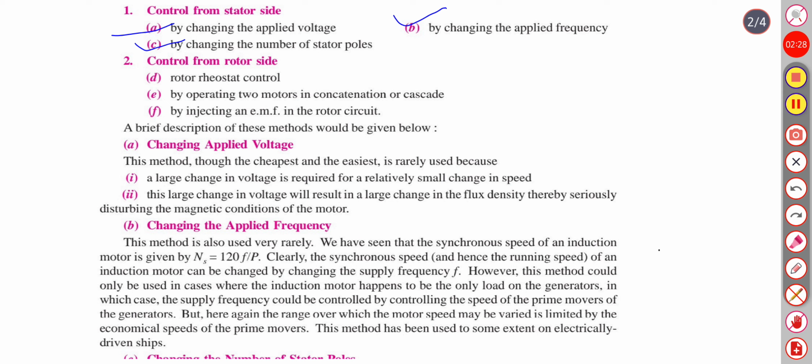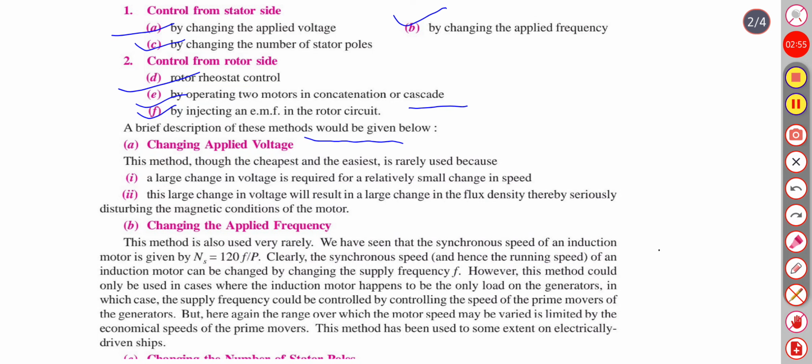Control from the rotor side involves rotor rheostat control, operating two motors in concatenation or cascade, and injecting an EMF in the rotor circuit. A brief description of these methods is given below.